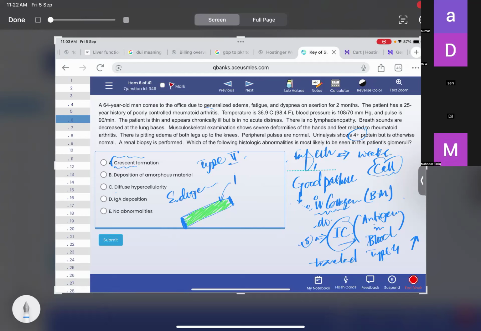Because of type 2 hypersensitivity, the antibodies come and uniformly deposit over it, okay? So in Goodpasture, we will have linear immunofluorescence. And in post-streptococcal glomerulonephritis and IgA, what will it be? Granular, okay? What about type 4, like in vasculitis?